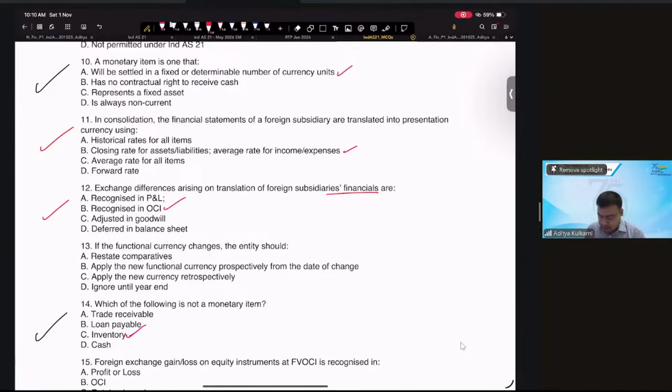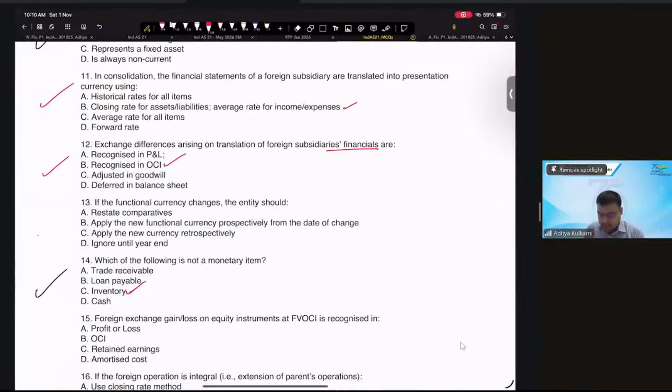If the functional currency changes, what should the entity do? Apply the new currency retrospectively. Retrospectively means the options A and C both will happen.